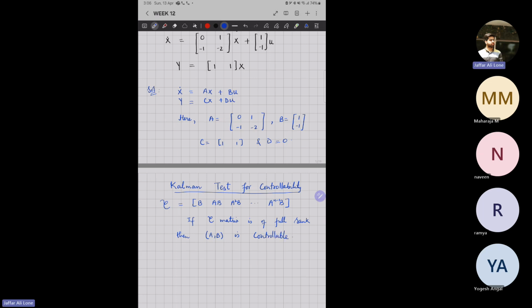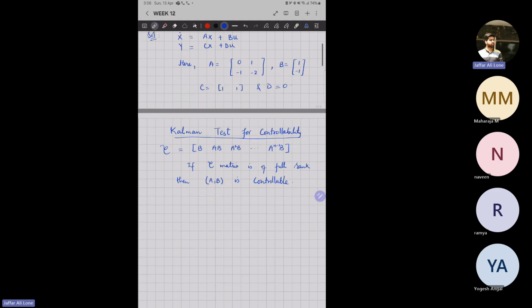And how do we check the rank of a matrix? We see the number of linearly independent rows or columns, right?